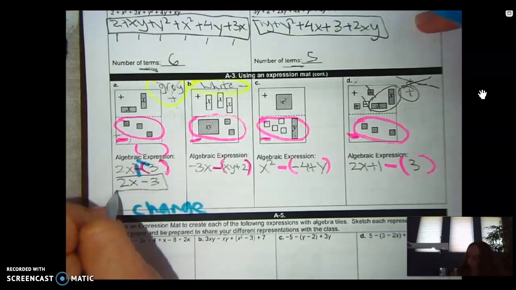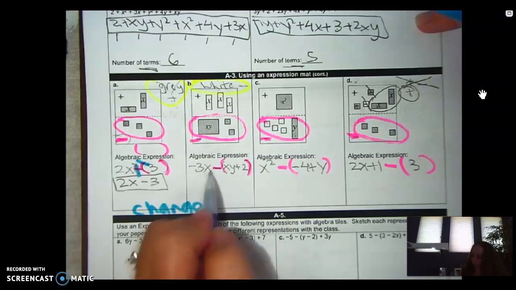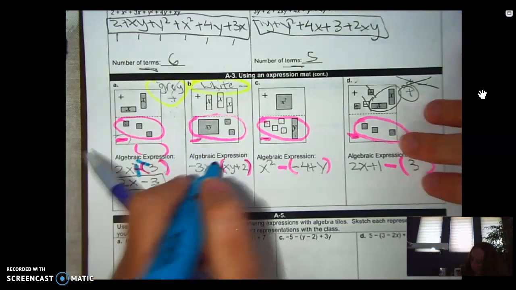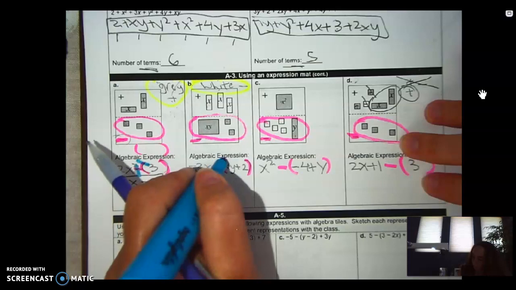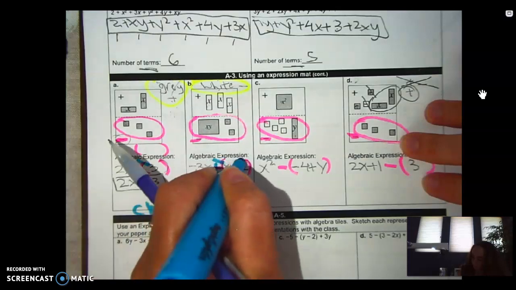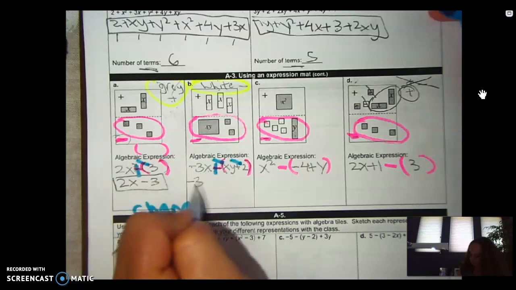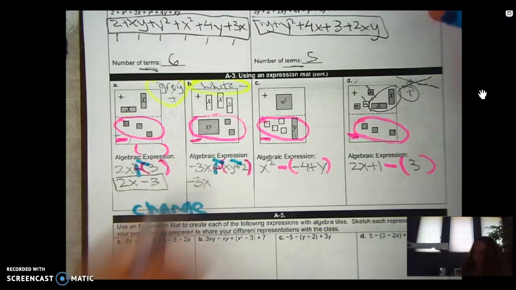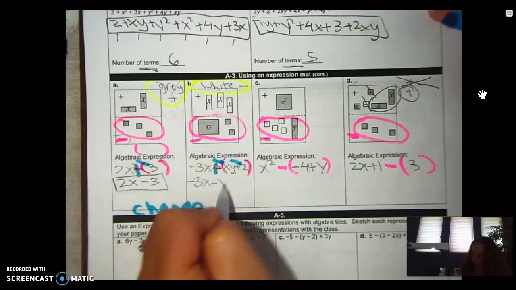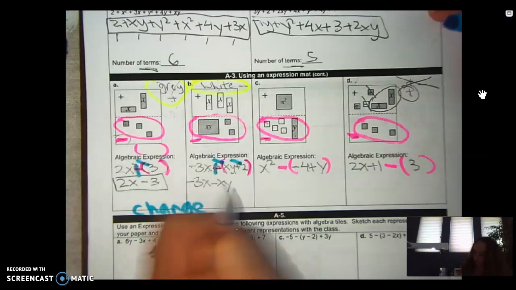Done. Okay. Whenever I see a minus, this changes to plus, this changes to minus, this changes to minus. Now, negative 3x, I don't care about the plus, minus xy, minus 2. Done.